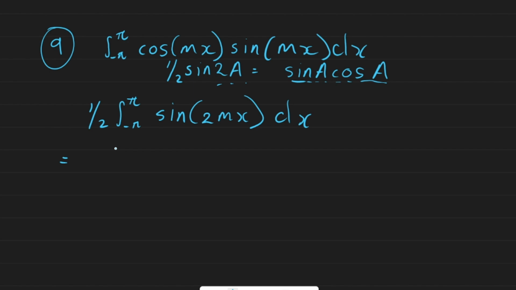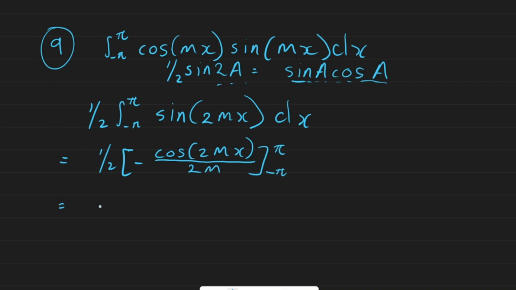So this is fairly straightforward. So this is half, integral of sine is minus cos. So we have minus cos 2mx divided by 2m. So once we substitute in pi and minus pi, what we get is half into minus cos 2m pi, then plus, because the minus and minus gives us a plus.